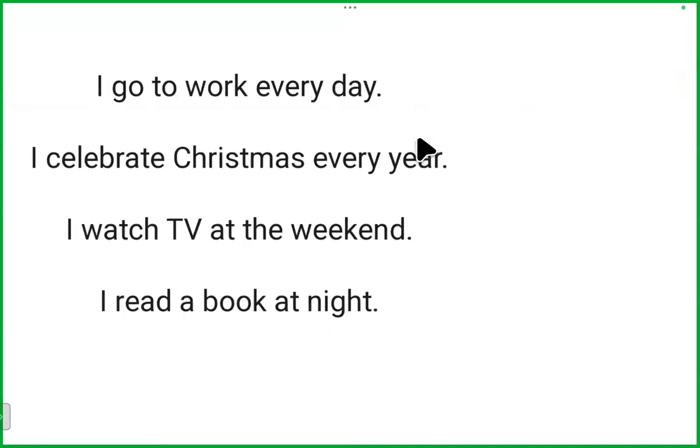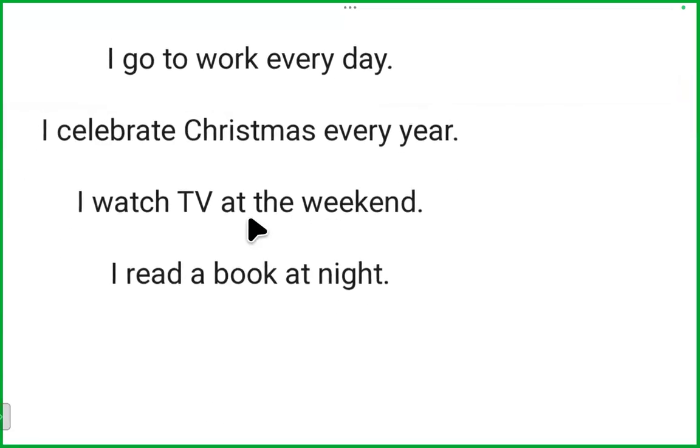The time expression is at the weekend. At the weekend means in Spanish, los fines de semana. Every year means todos los años. I'll repeat again: every day, todos los días. Every day, every year, at the weekend, los fines de semana.